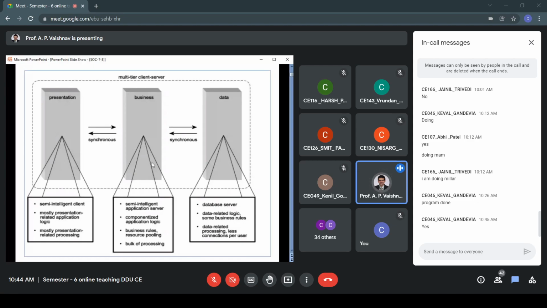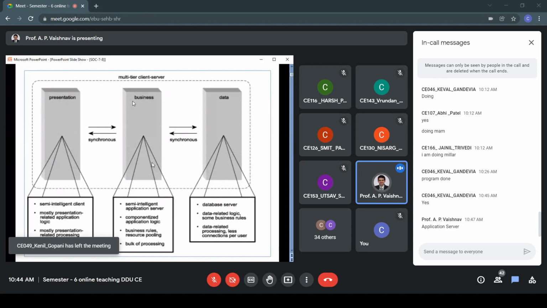Then the client is connected to the middle tier, that is known as storing of business logic, right? So last time, if you remember, we have said that client server implements the business logic in form of stored procedures. Right? While in this case, we have a separate business logic layer, and the middle tier is called application server layer, or this tier actually hosts your application server.